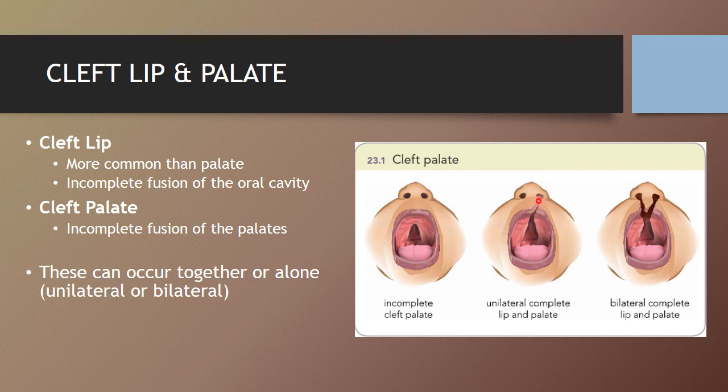This is a cleft lip and palate, or bilateral, complete cleft lip and palate. But if you just have cleft palate or you have cleft lip, it can be unilateral or bilateral. Though actually cleft palate, I mean, it's pretty much a one-way street. You'd have to have both to go all the way. But cleft lip, you can have one side or both sides.